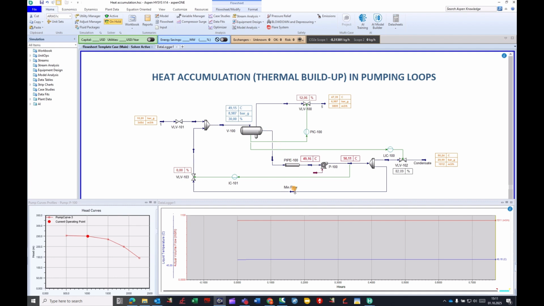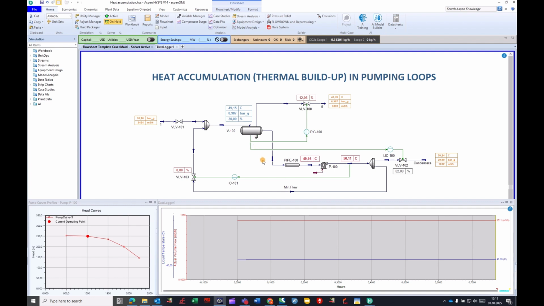But if the minimum flow recirculation is initiated or is already in operation, in this situation a portion, or in some conditions a full part, of the flow with the increased temperature will return to the separator, and that cycle will continue, which can lead to the temperature rise in the vessel.